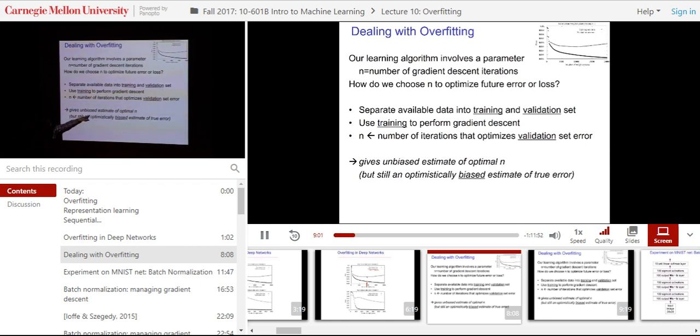And keep in mind that even that validation set error is still a little bit optimistically biased in terms of predicting how well you'll do in the future.